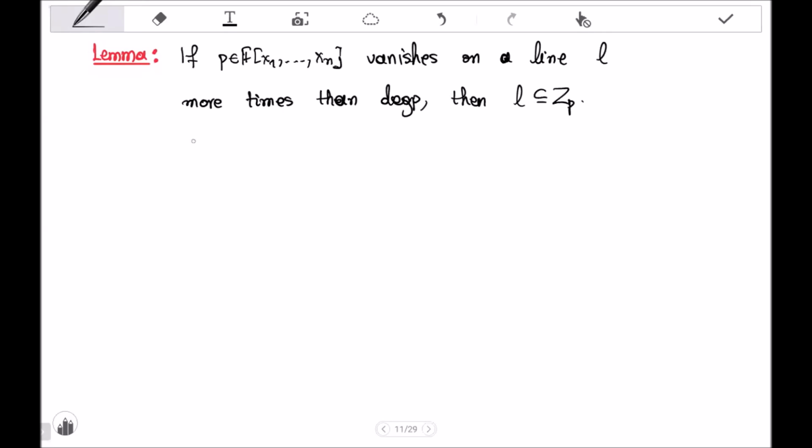In fact, we have something better for finite fields: P restricted to the line, seen as a polynomial of one variable, is identically the zero polynomial. If the line is the line through a point A in direction B, I define the restriction to be the original polynomial applied only at the points of the line.